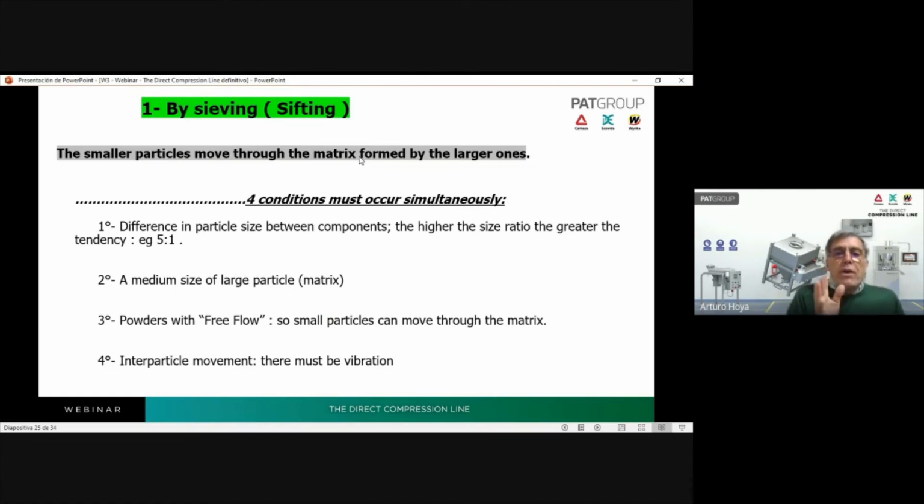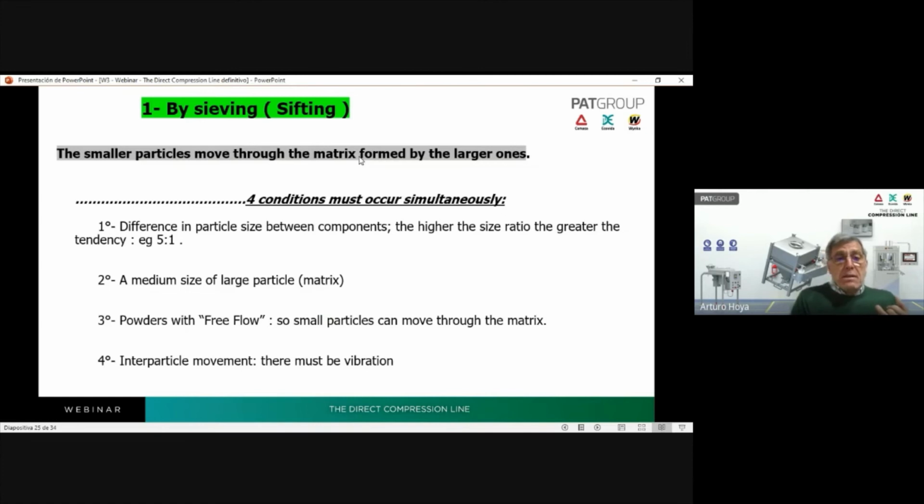So, four conditions must occur for segregation during the post-blending process. First of all, a difference in particle size, I say. Second, the medium size of the large particles, the coarse particles, forms a matrix, and the pores, the holes between the particles, let the fine particles pass.